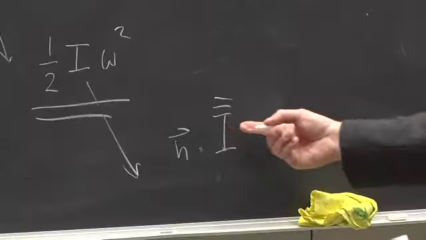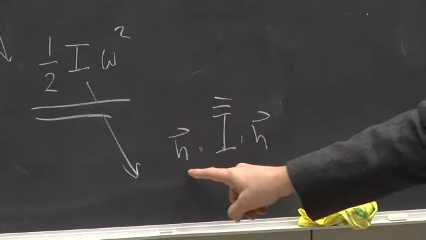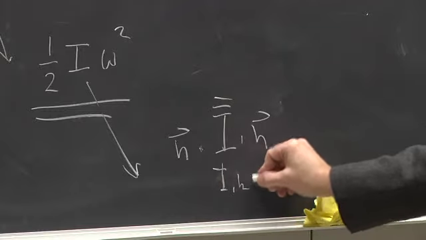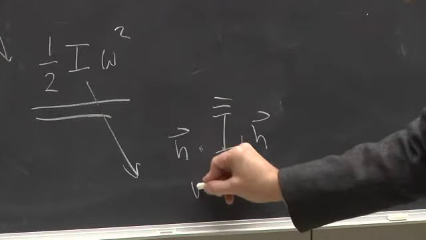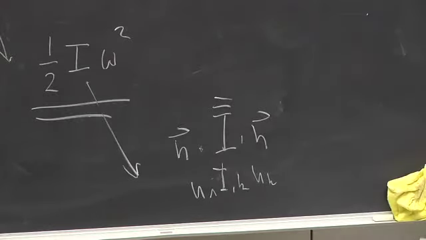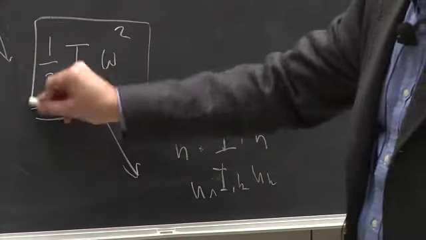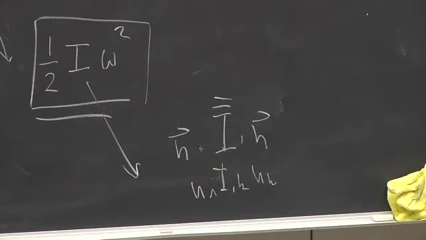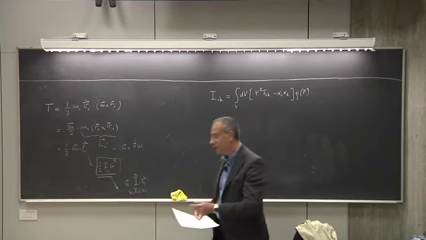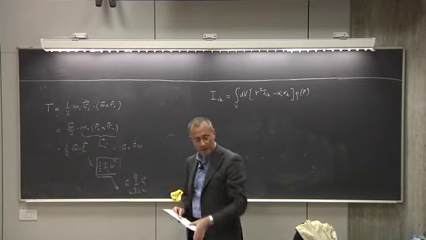I don't know how to write the tensor. It's like two vectors, like this. But the meaning is that here you have n_k, n_l, and I_kl. So you saturate both indices with unit vectors, and you get this nice result: the kinetic energy of the body looks very much like 1/2 mv squared for the point particle.